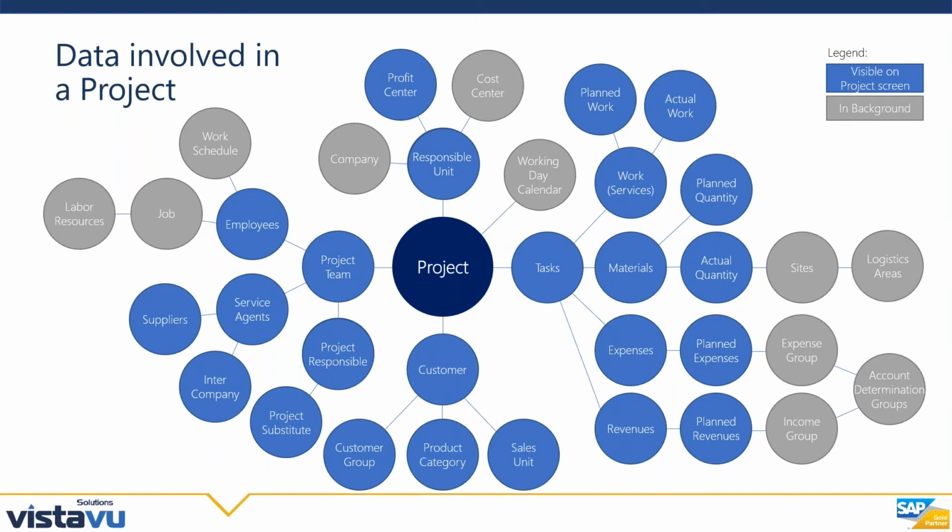Touching on some of these other ones in gray here, we won't cover them in great detail, but just giving a bit of an overview. Over here on the left, so the employees that form part of your project team, there's a couple foundational data elements in the background that will need to be set up in terms of being able to use employees on projects. One is the work schedule.